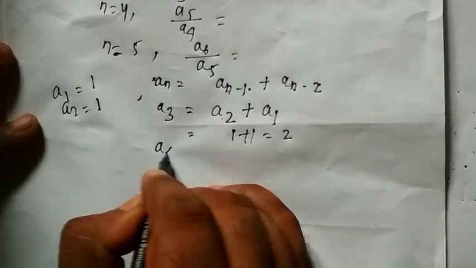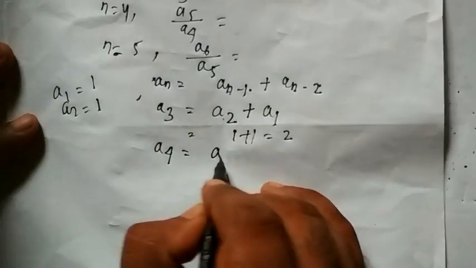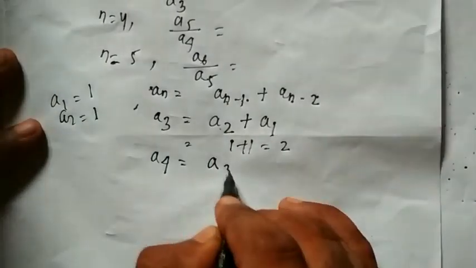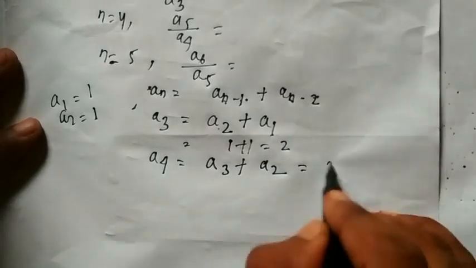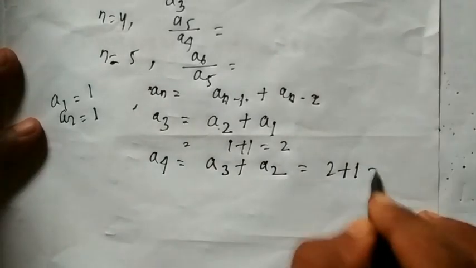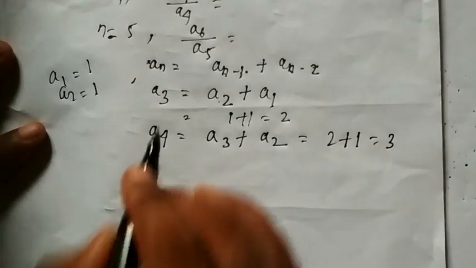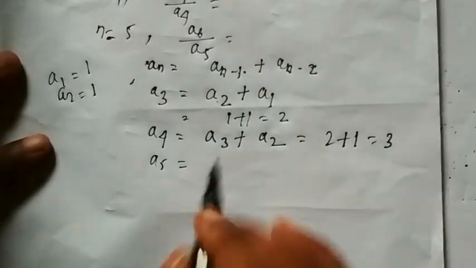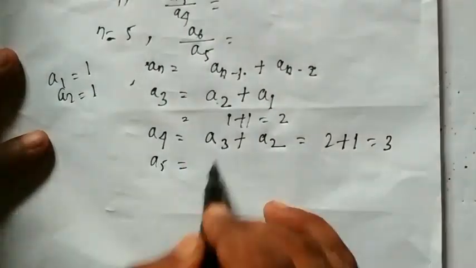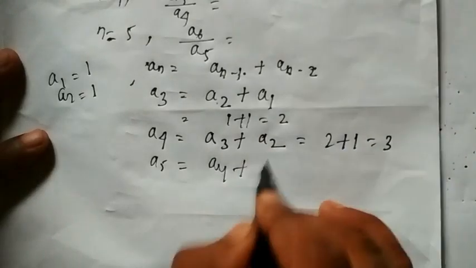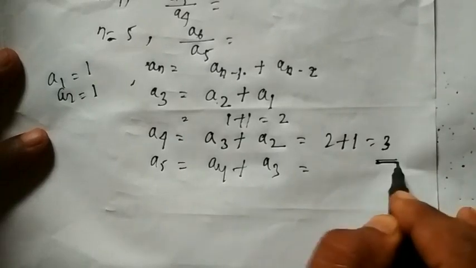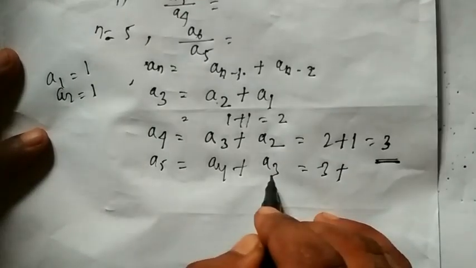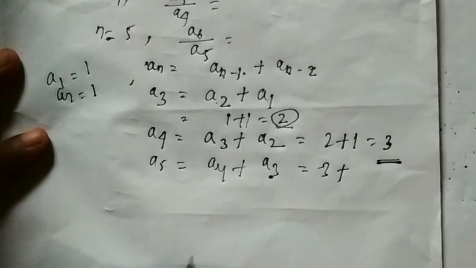Similarly, you can find a4. a4 is equal to a4 minus 1, that is a3, plus a4 minus 2, that is a2. a3 you got 2, plus a2 which is 1. So how much are you getting here? 3. Similarly, you can find a5. a5 is equal to a4 plus a3. a4 is 3, a3 you got 2.